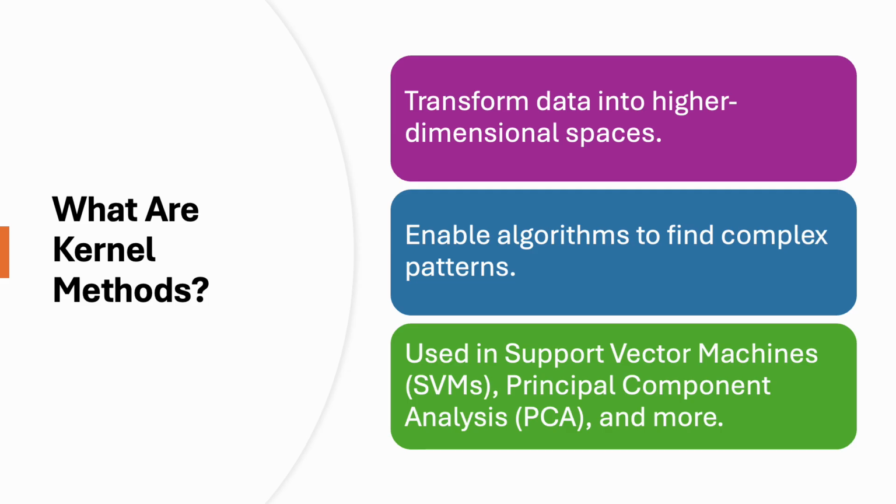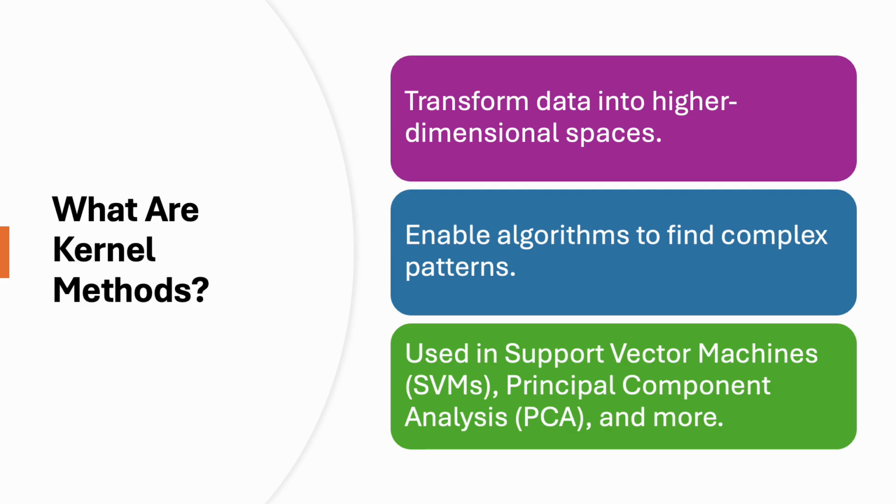The raw data from the robot's camera might show color and shapes that overlap, making it hard to tell the fruits apart. A kernel method can transform this data into a new space where apples and oranges form distinct groups, permitting the robot to sort them accurately. This transformation is done efficiently using something called a kernel trick, which avoids heavy computations.